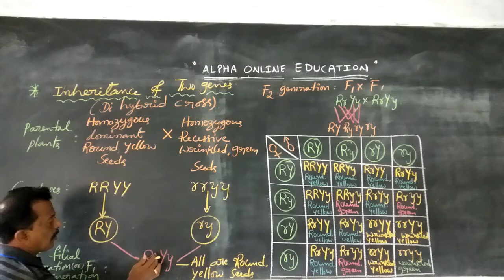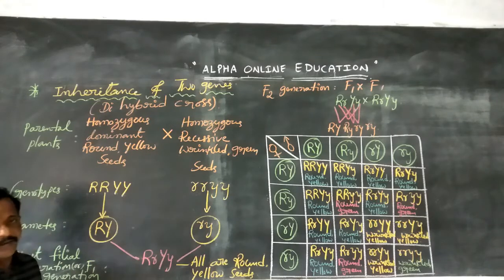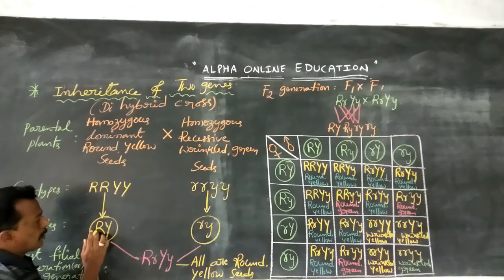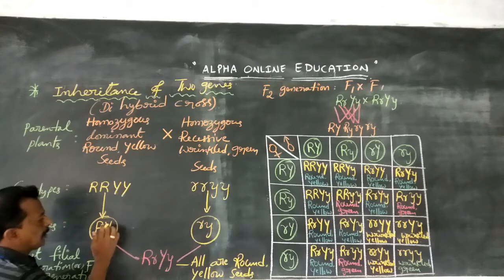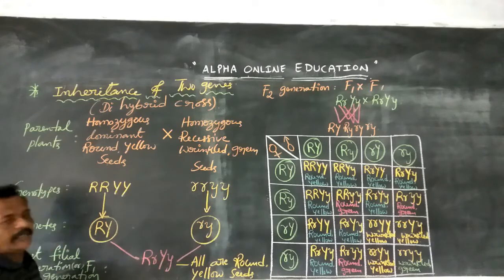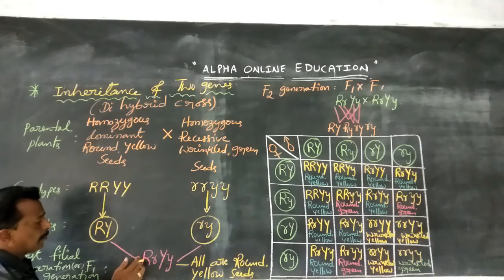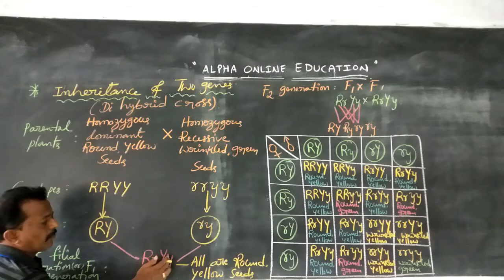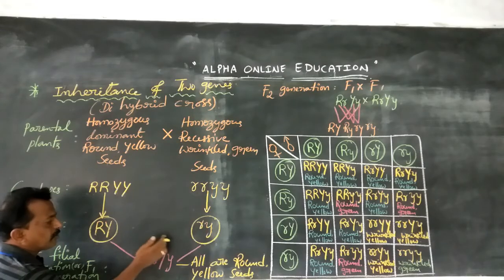Capital R, small r, capital Y, small y. That means capital R crosses with small r, and capital Y crosses with small y. This is the genotype of the first filial generation.